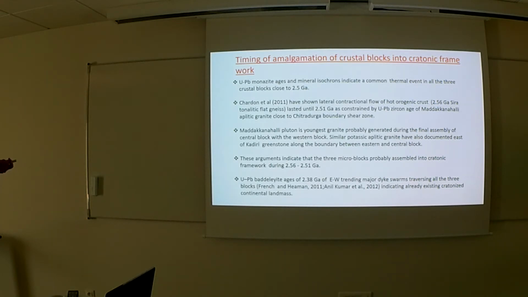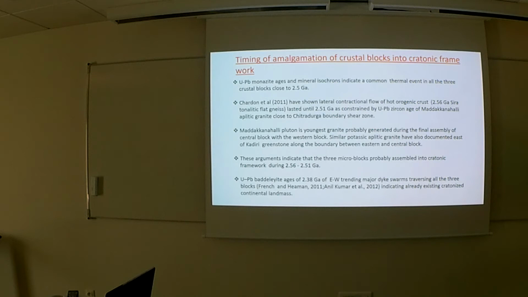It lasted until 2,510, because at that time there was an aplitic intrusion at the boundary between the two crustal blocks, injected into the flat gneisses. So we interpret the timing of amalgamation as 2,560 to 2,510, then the whole craton underwent the shear deformation, and it finished. This is the last one.